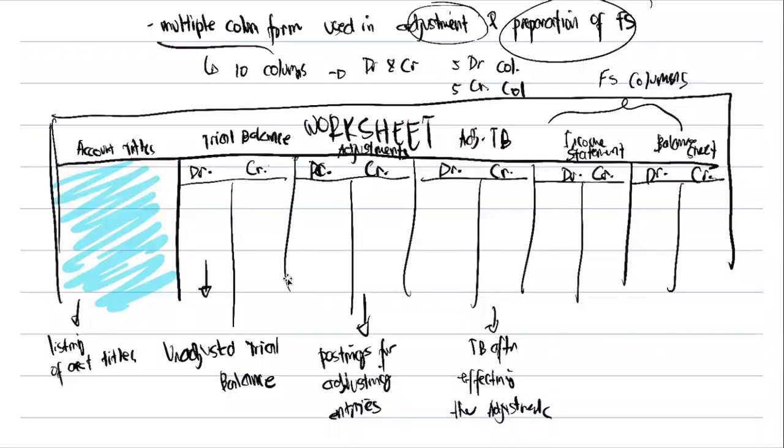It is only a tool. So please take note of that. It is not an accounting record. It is not an accounting report. It is only a working tool. It is merely a device used for the preparation of your adjusted trial balance and your income statement and balance sheet.